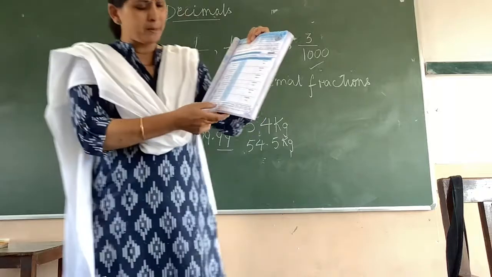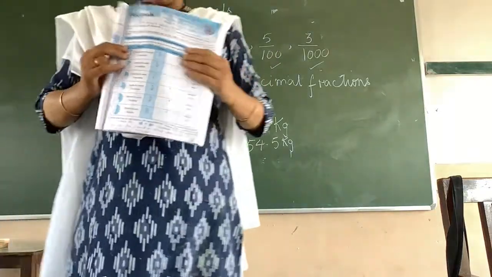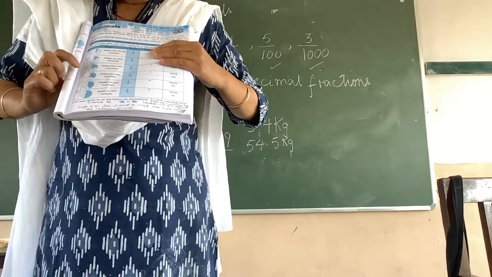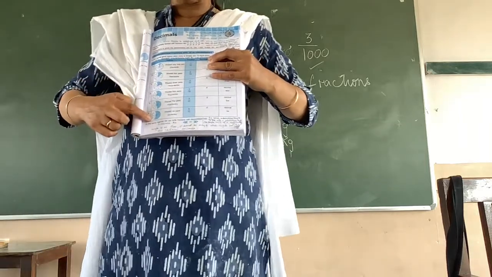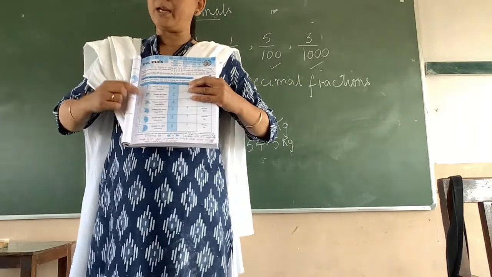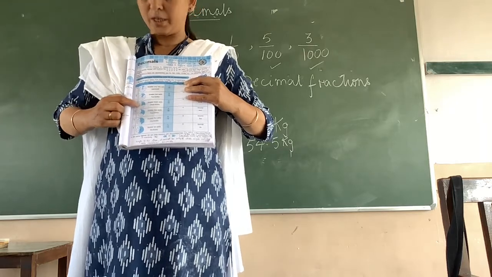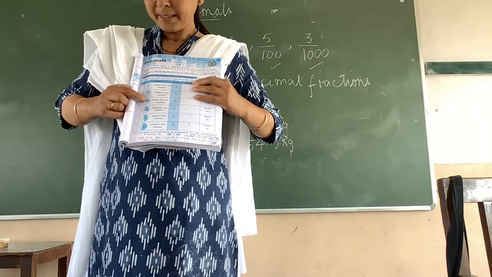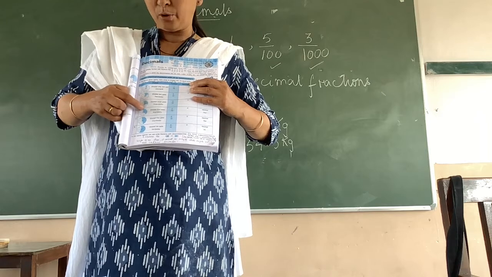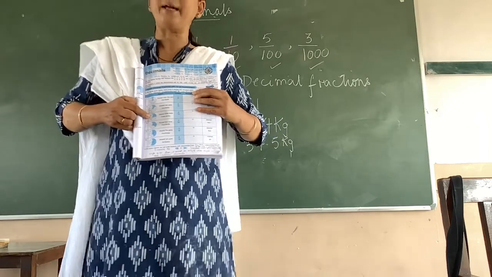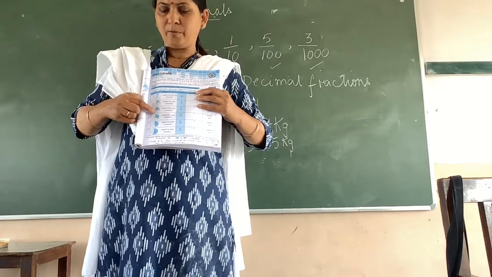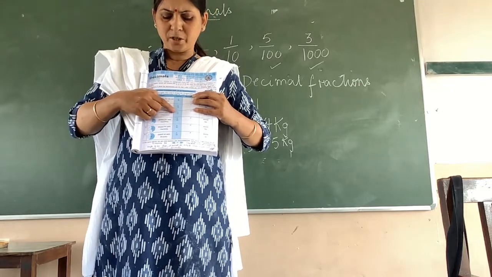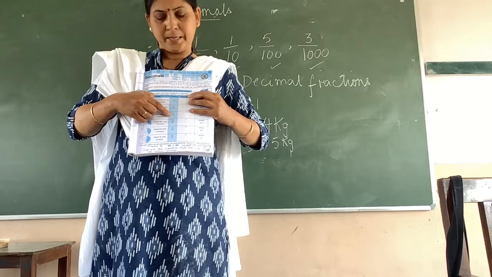Now let's come back to page number 77. Look at the third figure. All the circles here are divided into 10 equal parts and different parts are shaded. In the third figure, 3 parts are shaded out of 10. So in fraction it can be written as 3 over 10.